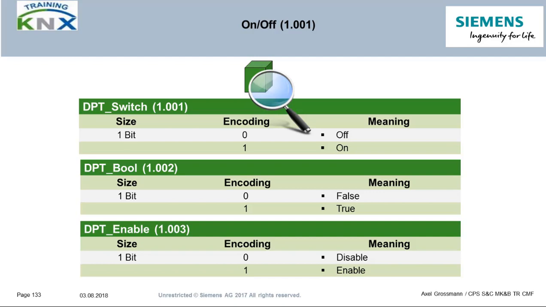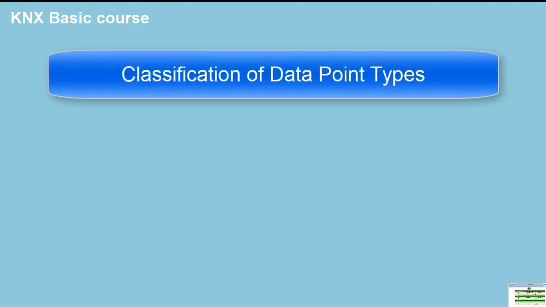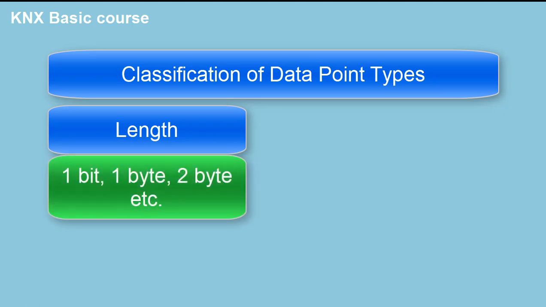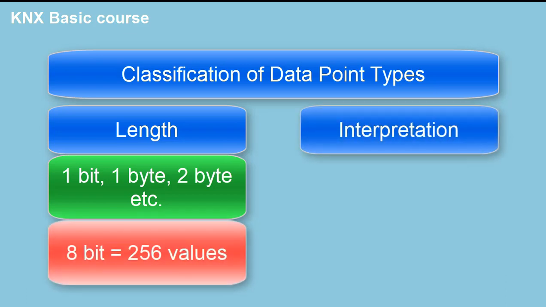In communication technologies, there are always 2 issues to be solved when transmitting data. First, what shall be the length of the data? The length determines the value range. Example, 8-bit data can have 256 different values. Second, the interpretation of such values.